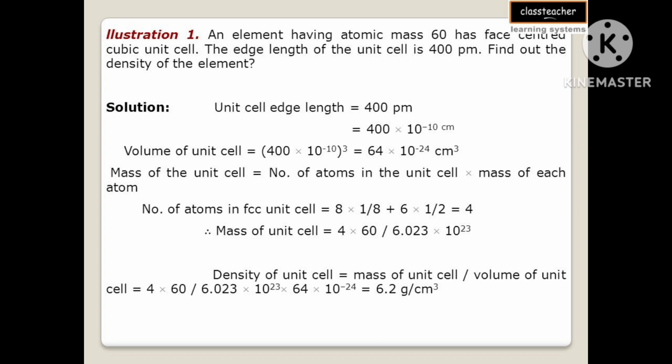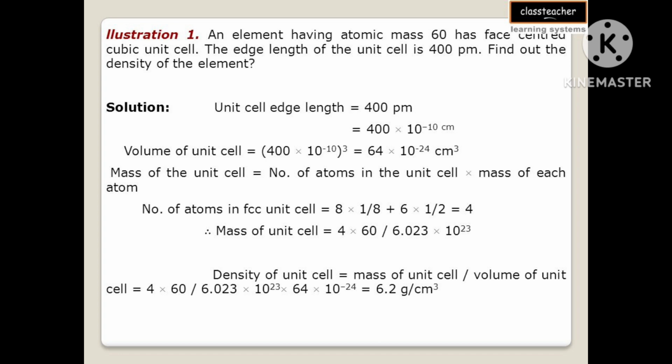Then this meter you can also convert into centimeter. 10 to the power minus 12 meter, if you convert into centimeter, then it will be 10 to the power minus 10 centimeter. If you want to convert meter into centimeter, the negative power will be less. Negative power less means the value is increasing. Now 10 to the power minus 12 meter will convert into 10 to the power minus 10 centimeter.